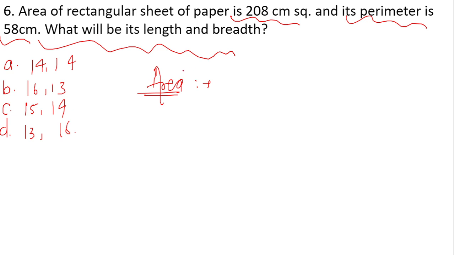Okay, so the area of a rectangle is length into breadth. This is the length, this is the breadth. If we start keeping boxes in this particular rectangle, how many boxes can we add?